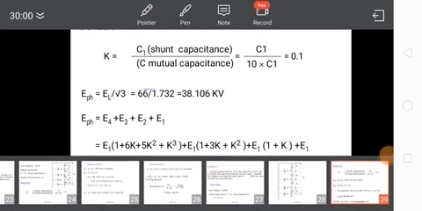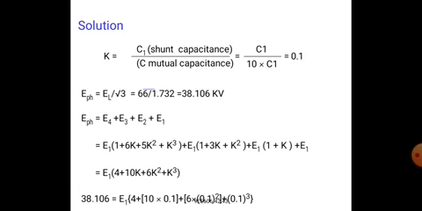So E phase is equal to 38.106, that is equal to E1 into (4 plus 10 into 0.1, plus 6 into K square, that is 0.1 whole square, plus 0.1 whole cube). So 38.106 is equal to E1 into (4 plus 1 plus 0.06 plus 0.001).